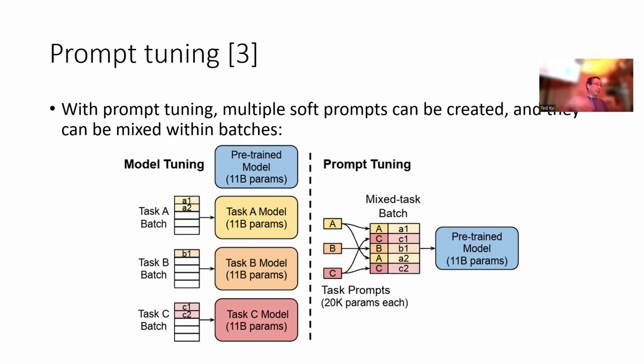If user 1 is asking about Ford cars and user 2 is asking about some Genentech thing, you could just prepend those and mix them. So that's a potential benefit of using a technique like this. It doesn't require dedicated hardware just for one particular use case.